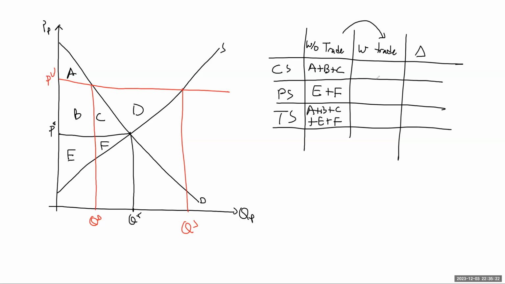With trade, consumer surplus is just A. The domestic price or the world price, and they're equal. That's the price that consumers pay.